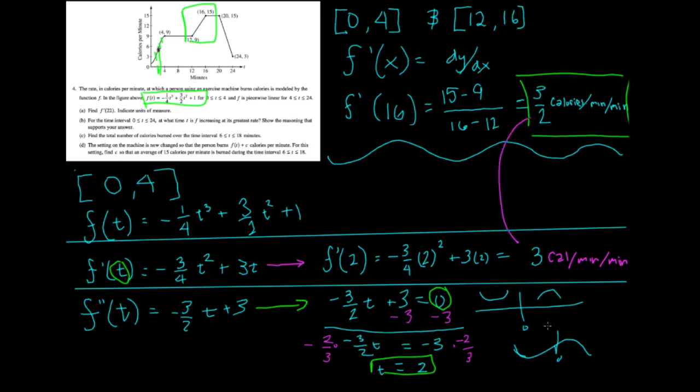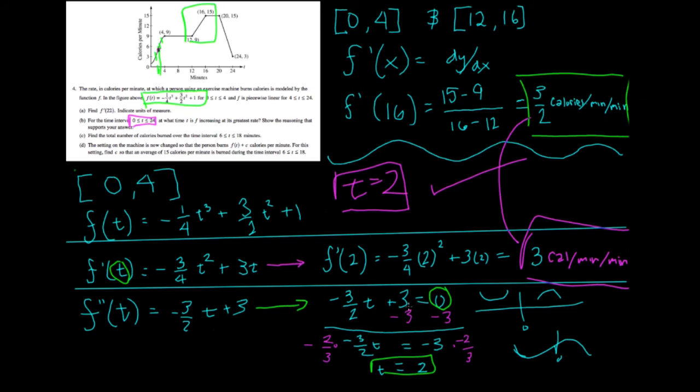And that is 3 calories per minute per minute. So that is our second highest rate. So we just have to compare both of these, and we know that this 3 calories per minute per minute is greater than 3 over 2 calories per minute per minute.